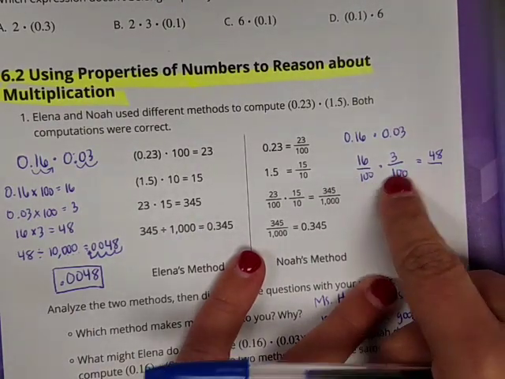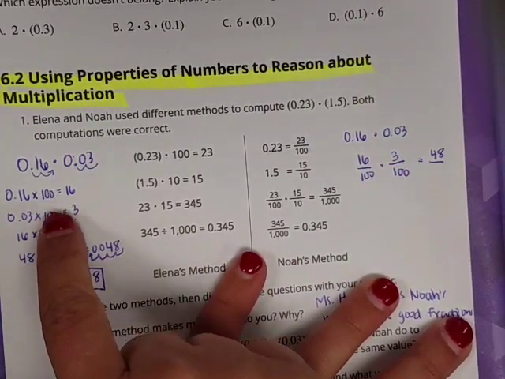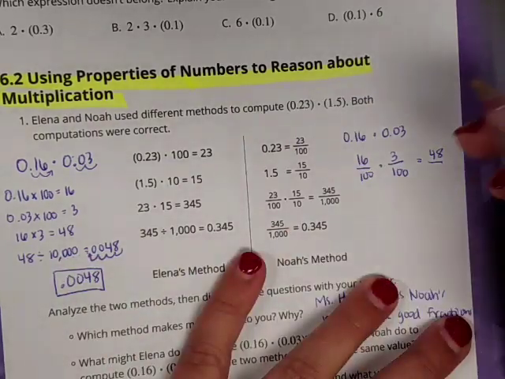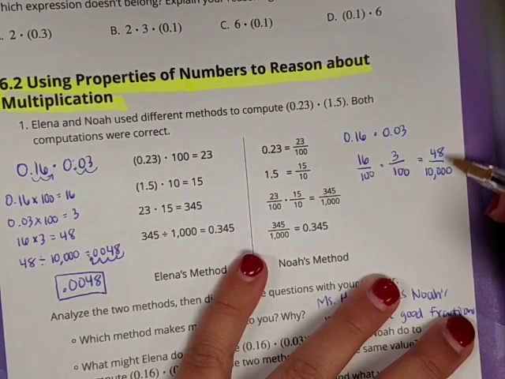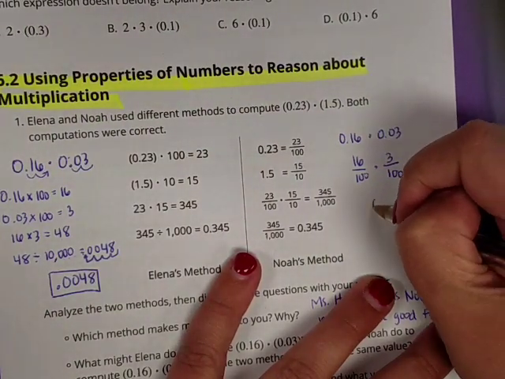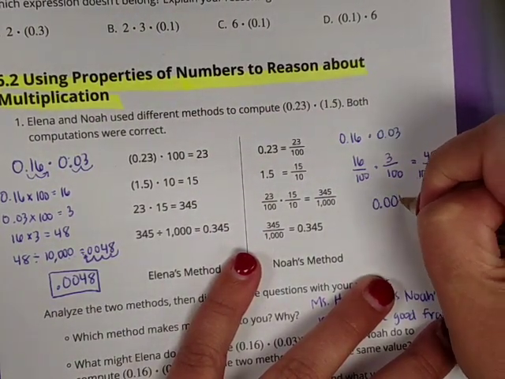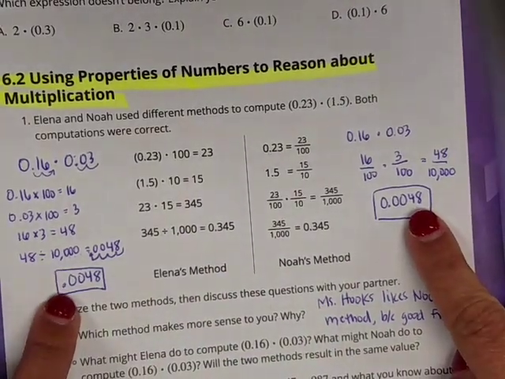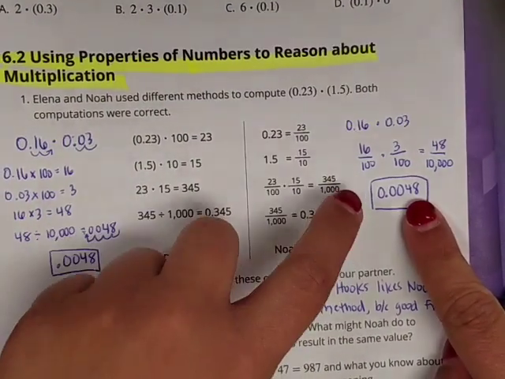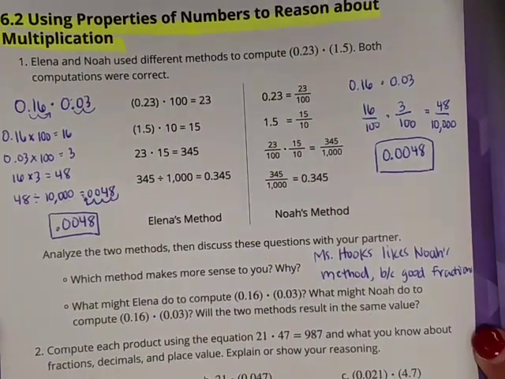And then 100 times 100, we did that over here, is 10,000. So it gives us 48 over 10,000, which is 48 ten-thousandths. So both methods work. If you like Elena's method, use it. If you like Noah's method, use it.